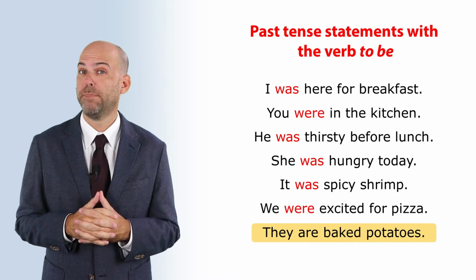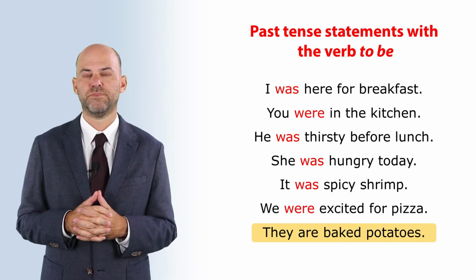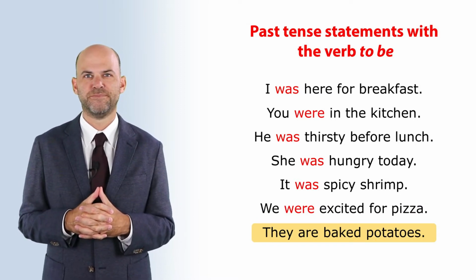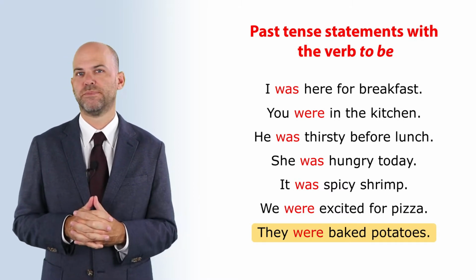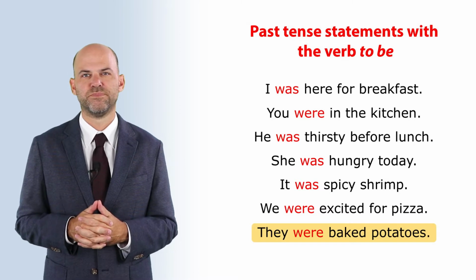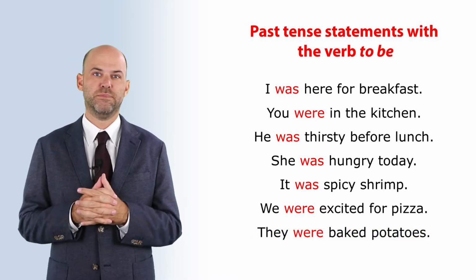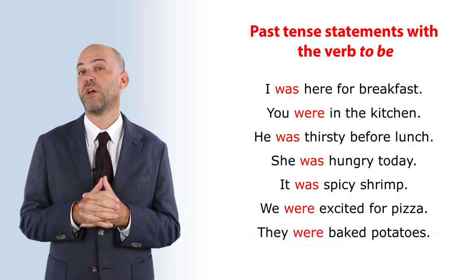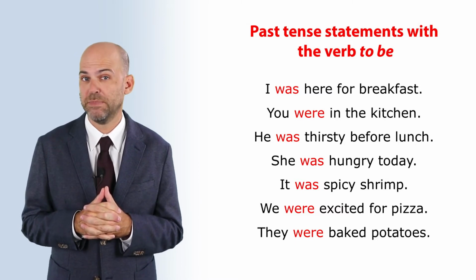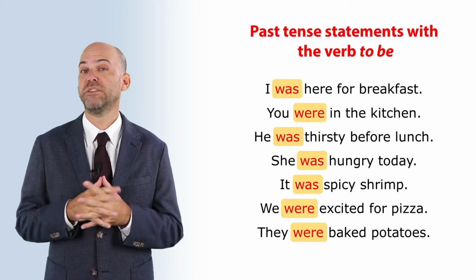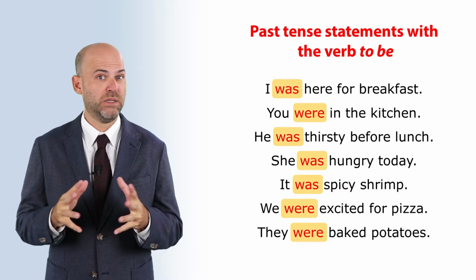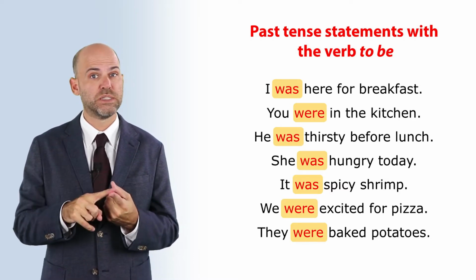They are baked potatoes. They were baked potatoes. Very good. All of these are past tense statements with the verb to be. The past tense forms of the verb to be, again, are was and were.